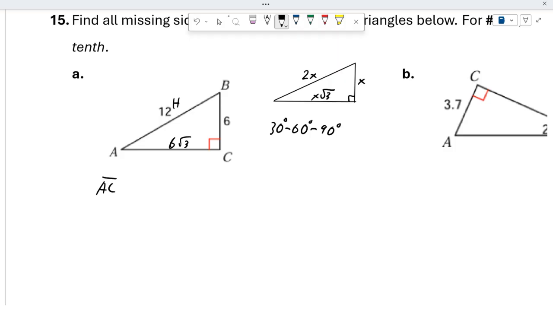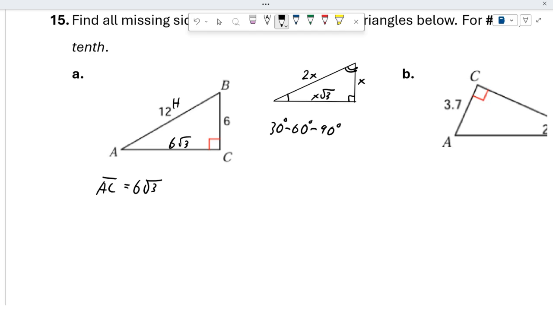I'll even say that right here: AC is 6 root 3. Now we're missing our angles. The whole reason it's called a 30, 60, 90 triangle is because the interior angles are 30, 60, and 90. Obviously, angle C is the 90, so we just have to figure out which of A and B is 30 and which is 60. If you look at the picture that we drew, the angle at the lower left certainly appears smaller than the angle in the top right.